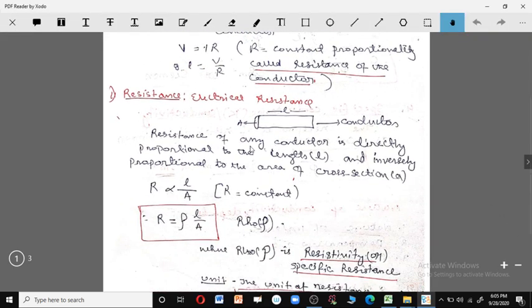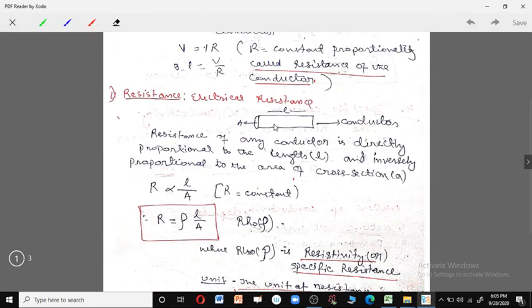Now resistivity. Resistance is R. Suppose you have any conductor, say a wire, with a length and an area of cross section. The resistance of any conductor is directly proportional to its length and inversely proportional to the area of the cross section of that conductor.